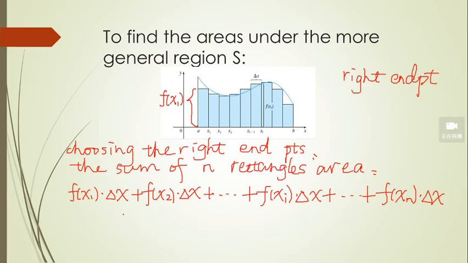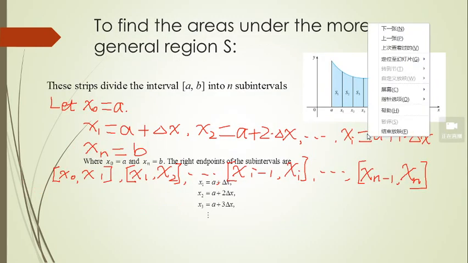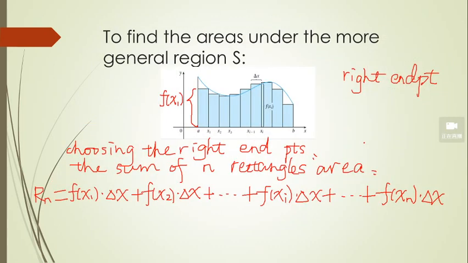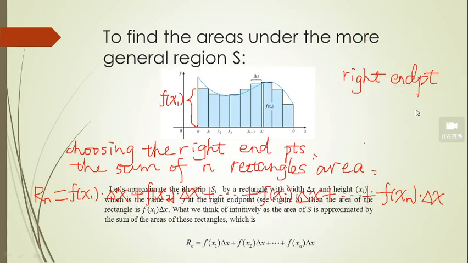So this is the sum of n rectangles, and we are going to use those areas to estimate the area. Choosing the right endpoint, we know the notation is Rn. If we choose the left endpoint, we call it Ln, with n rectangles. So we are much clearer about those parts.